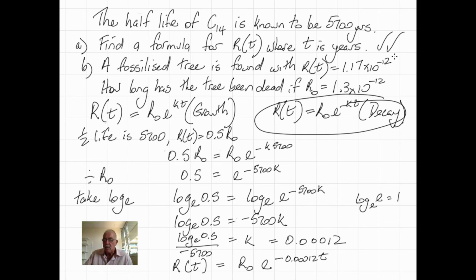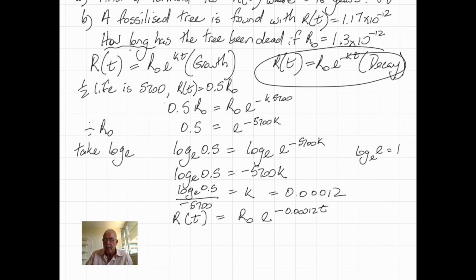Now the second part of the question says that a fossilised tree is found to be that. How long has the tree been dead if R0 is given? So we're given R0, and how long means we're going to actually calculate t. So I'll just move down the page a little bit. This is part B. We'll start with our formula here, and we're asked to find how long it has been dead if R0 is equal to that and R(t) is equal to that.